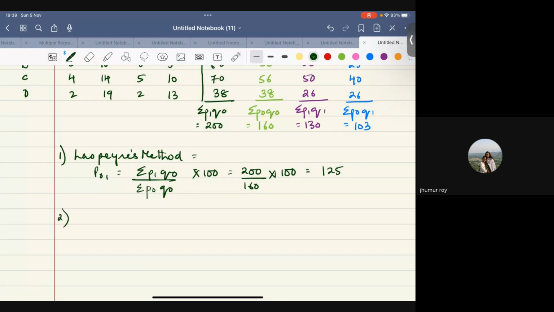Second is Paasche's method. So under Paasche's method, we will get P01 is equal to sigma P1 Q1 upon sigma P0 Q1 multiplied by 100.